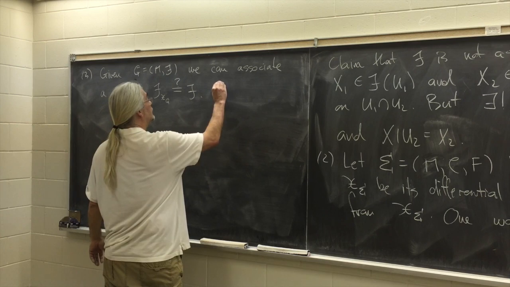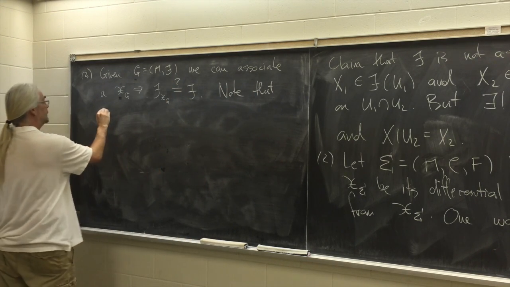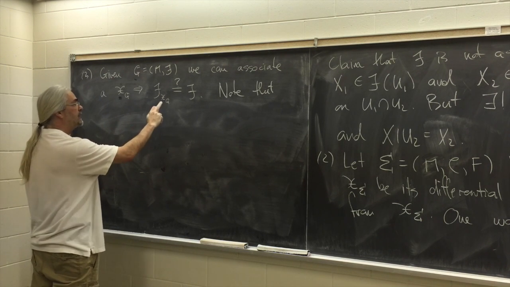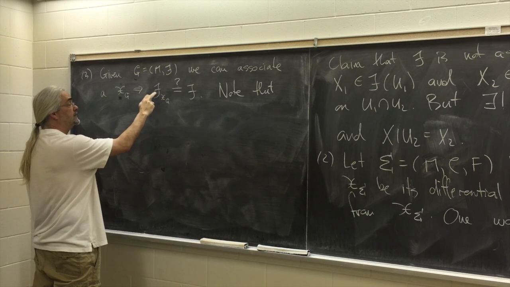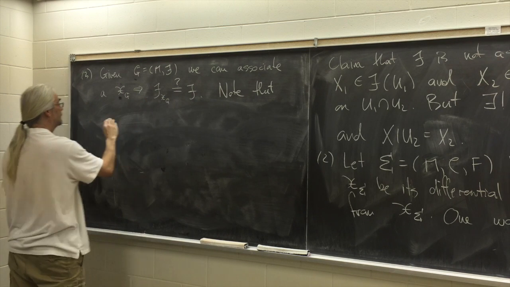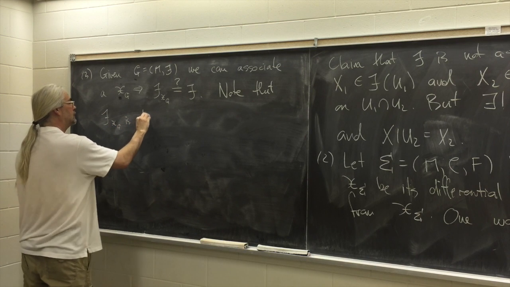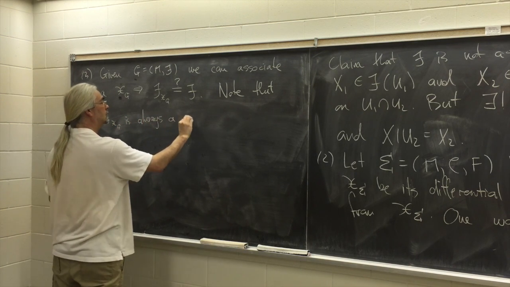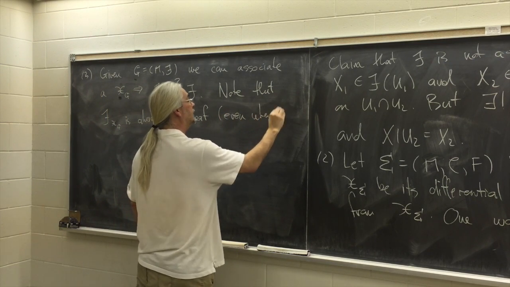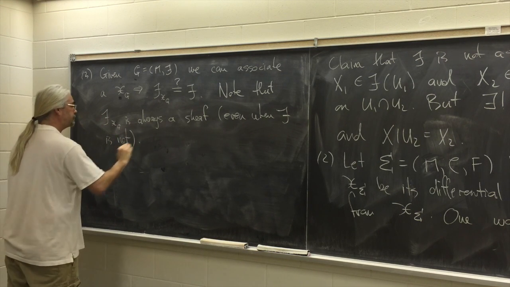So note that one of the things that I told you was that if you start with an arbitrary differential inclusion and then you define this presheaf of vector fields F corresponding to that differential inclusion, that's always a sheaf, even when F is not.